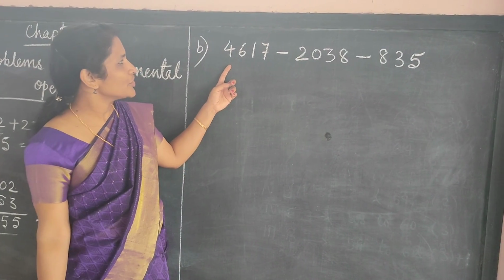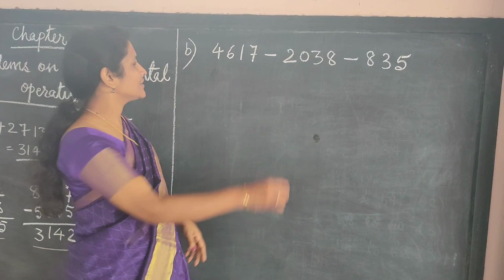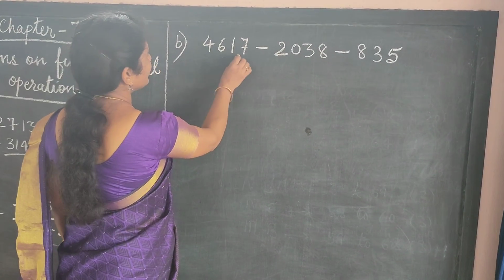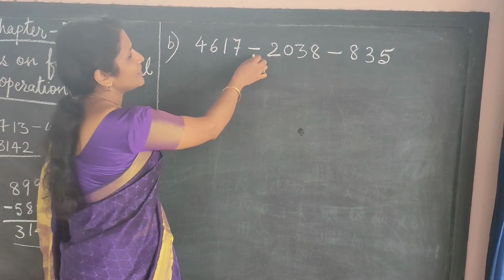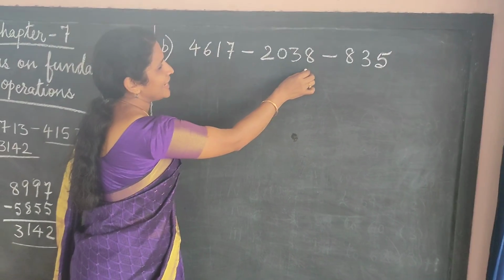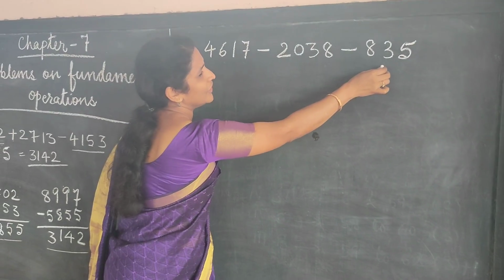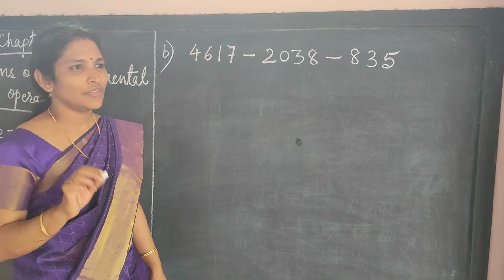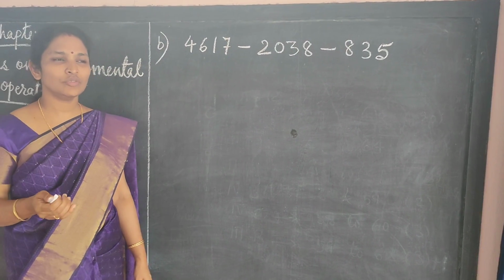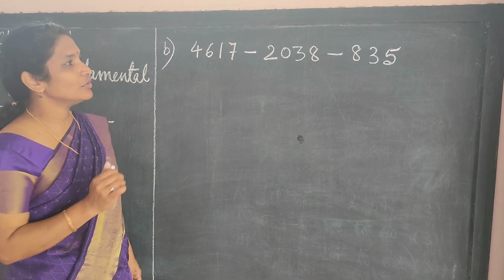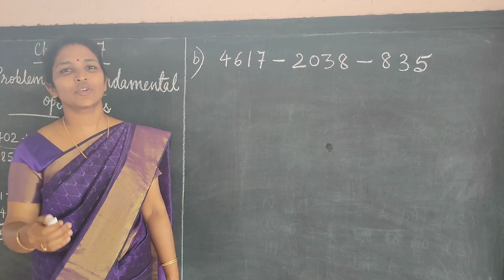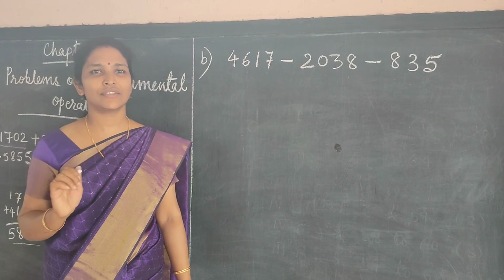We can do one more question. In this question you can see 4617 minus 2038 minus 835. In the first question we had 2 numbers with plus signs and 2 with minus signs. Then we did the question in three steps.